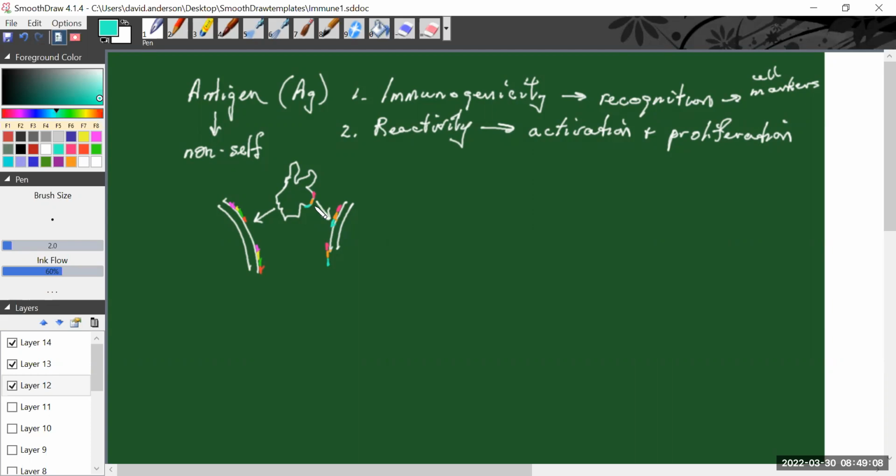So we have some immune cells in the body that have pattern recognition receptors. So these are non-specific.